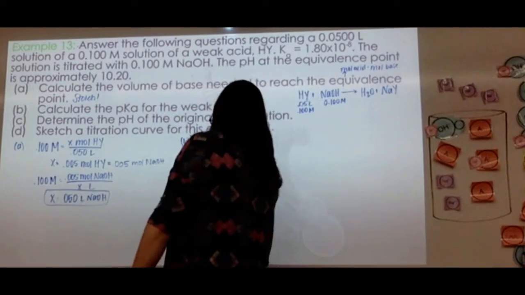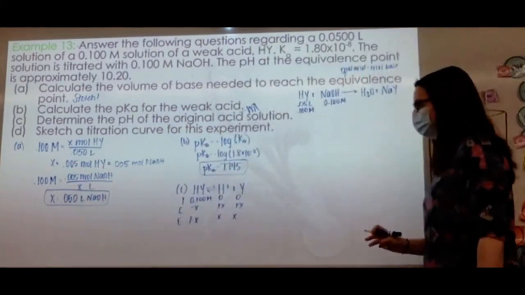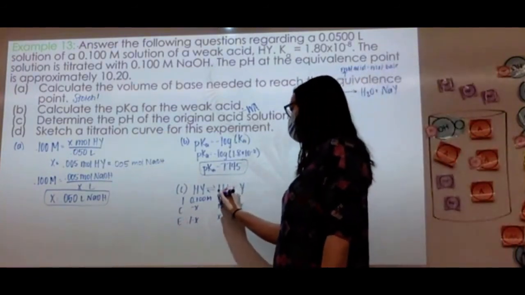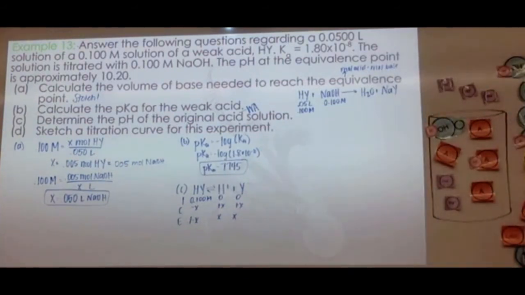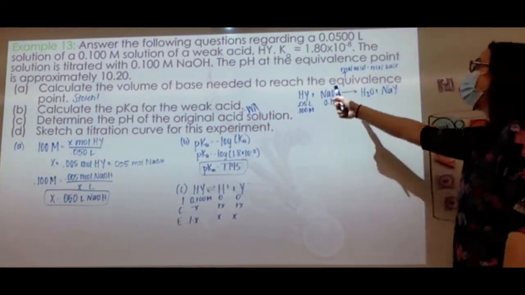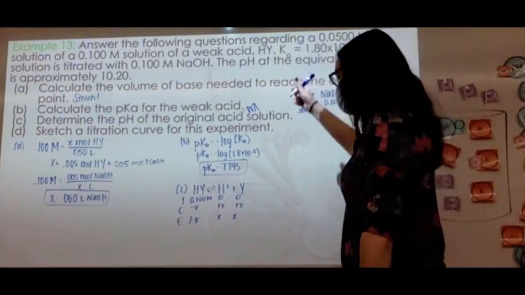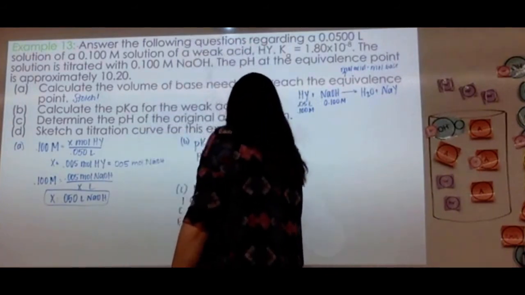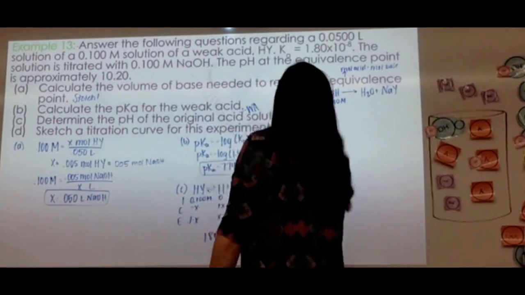So 0.1 minus X, X, and X. This is an acid because it produces H plus. So since it's an acid, we use the Ka expression, and they already gave us Ka. So 1.8 times 10 to the negative 8.